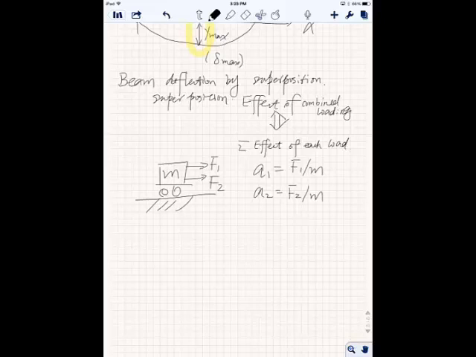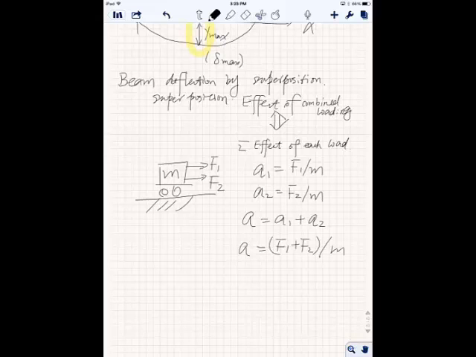So if we had two forces applied on the car and they're both going horizontal towards the positive x direction, A1 is just equal to F1 divided by m. A2 equal to F2 divided by m. And the total A is just equal to A1 plus A2, right? Or the total A can be just equal to F1 plus F2 divided by m.